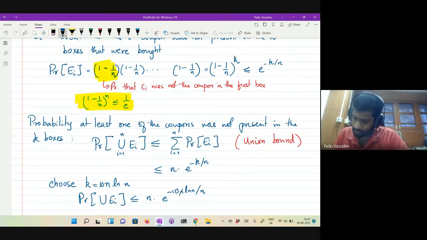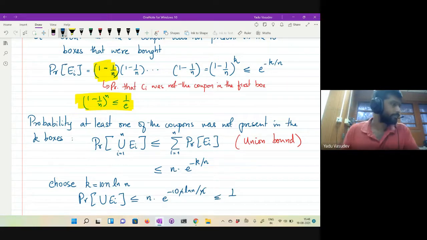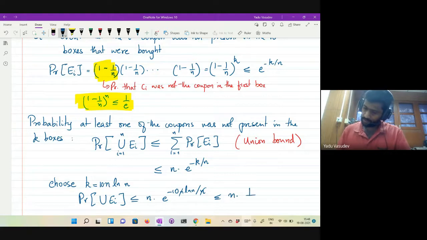So these n's go off, and what you have is something like, how much is this? This is n times 1 over n to the 10. So this is something like 1 over n to the 9. Okay.